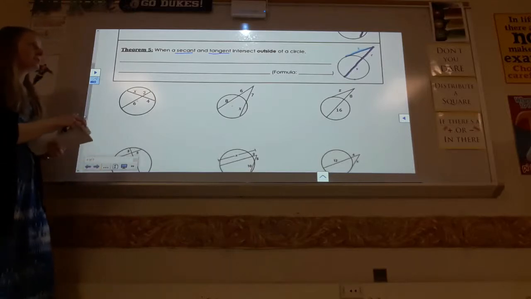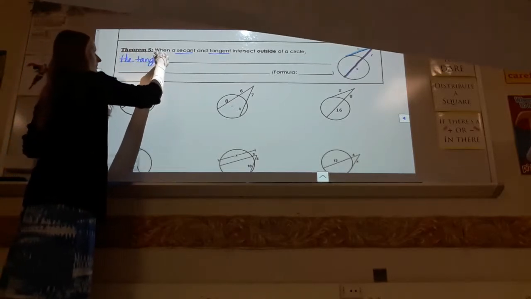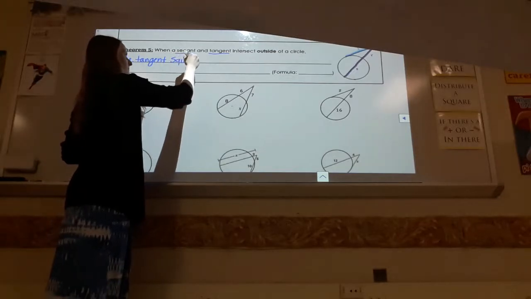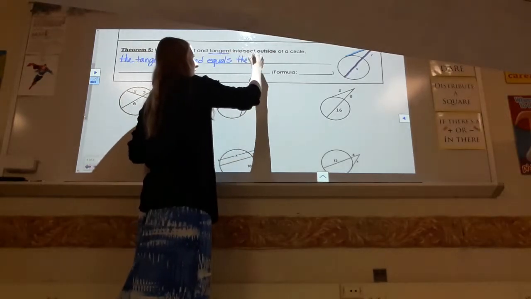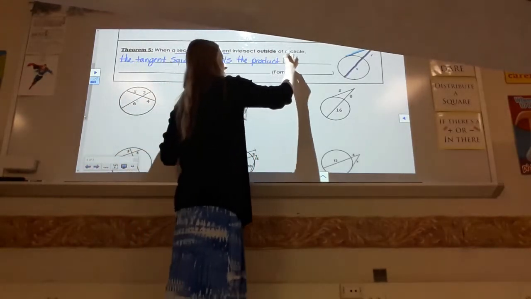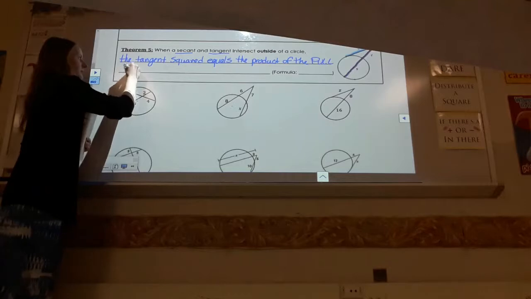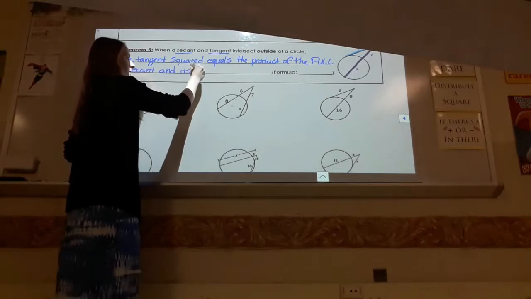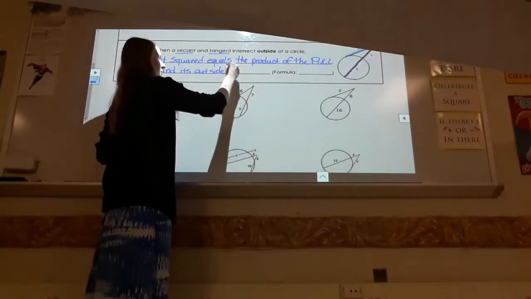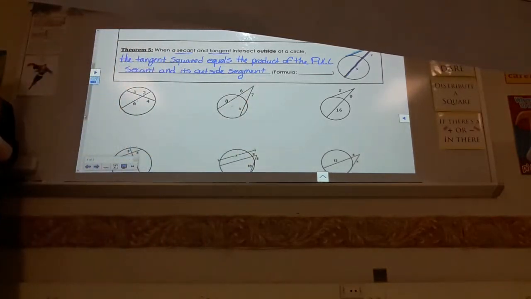When a secant and tangent intersect outside of a circle, the tangent squared equals the product of the full secant and its outside segment.